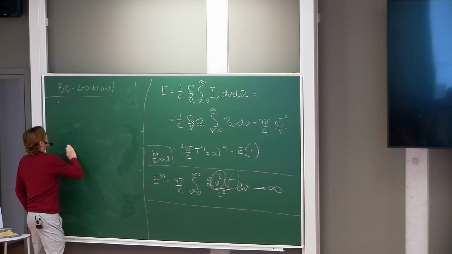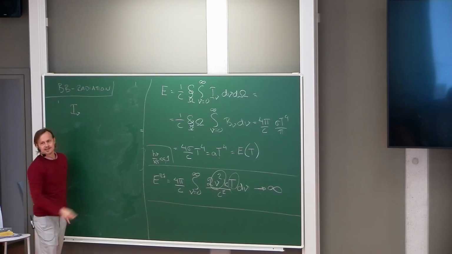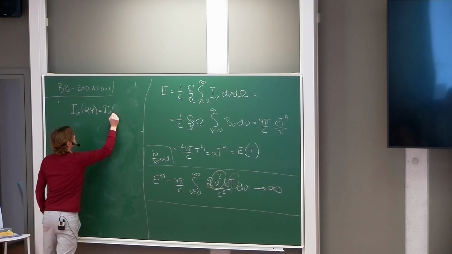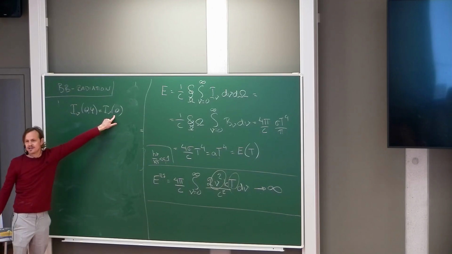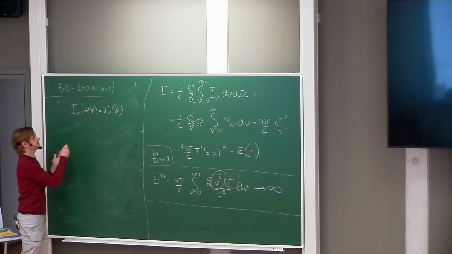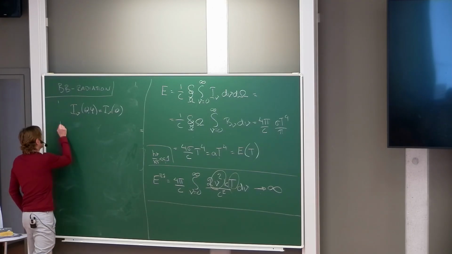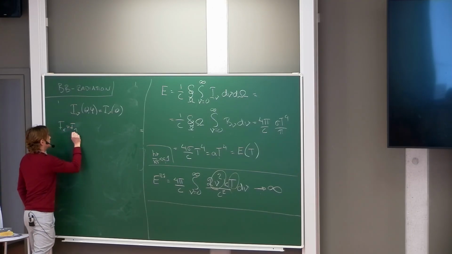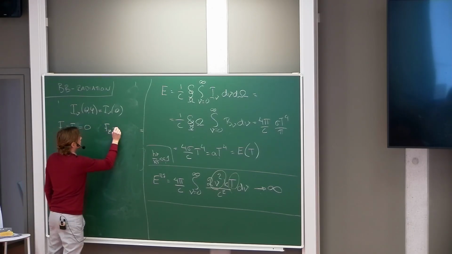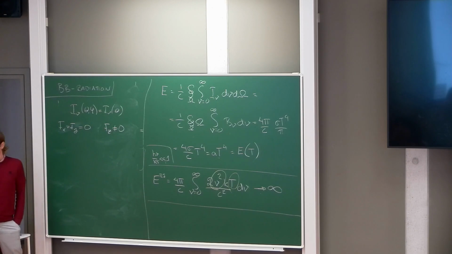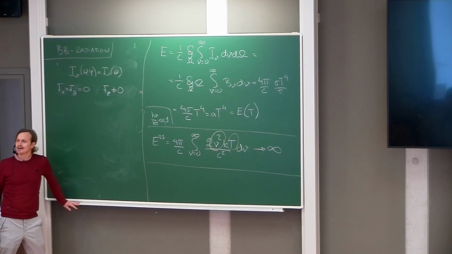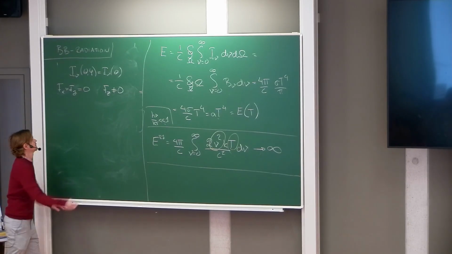Previously, remember, we did the calculation that if we had I nu dependent on theta and not on the second angle phi, then if we put this in a Cartesian system, we already showed that Fx, Fy equal 0. But in general, the z component was not 0.